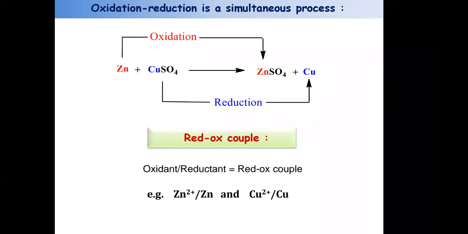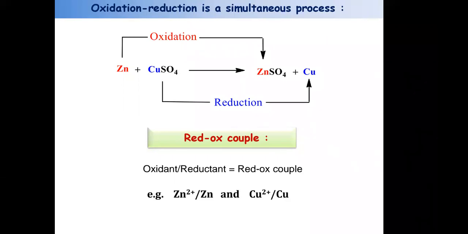Here is one reaction, metallic zinc is reacting with the copper sulfate solution. So copper sulfate is in the aqueous phase and zinc is solid metal. They are reacting with each other and forming zinc sulfate and elemental copper.